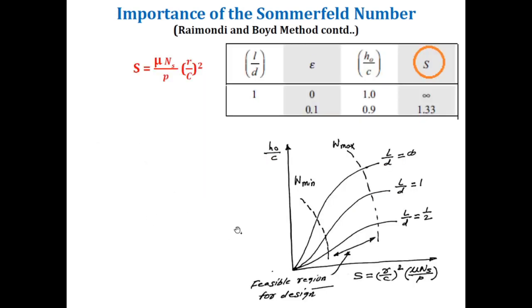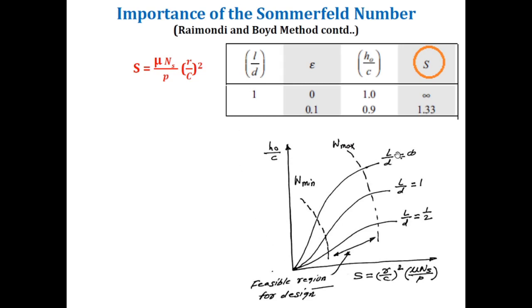Another terminology is the Sommerfeld number plotted. So the h0 upon C versus Sommerfeld number graph is plotted, and this graph is plotted for different values of L by D. Here you can see L by D, and this table is available for L by D equal to infinity, 1, 1 by 2 and so on.